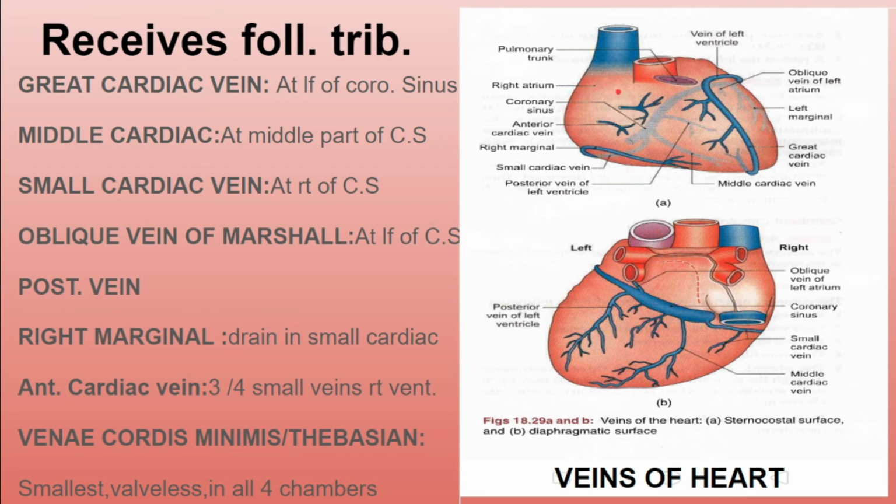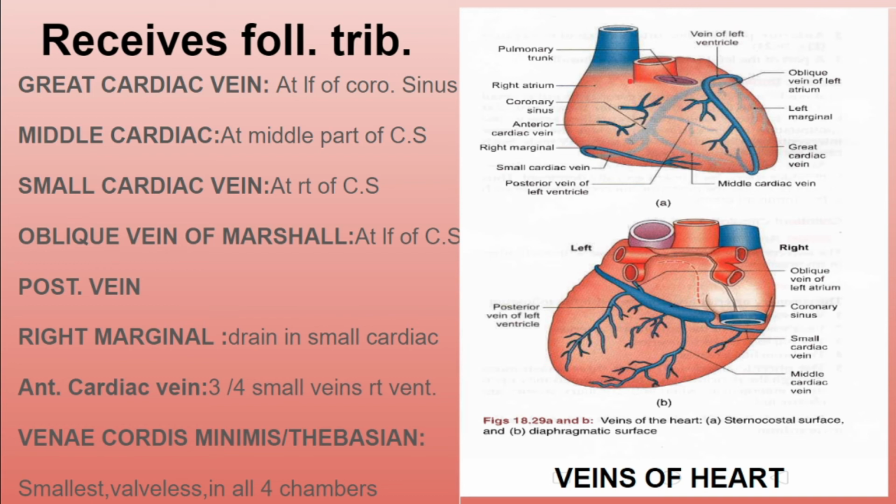Now the anterior cardiac veins, this one. The anterior cardiac veins are 3 or 4 small veins which run parallel to one another on the anterior wall of the right ventricle and usually open directly into the right atrium through its anterior wall. So it is present in the right ventricle and opens directly into the right atrium.